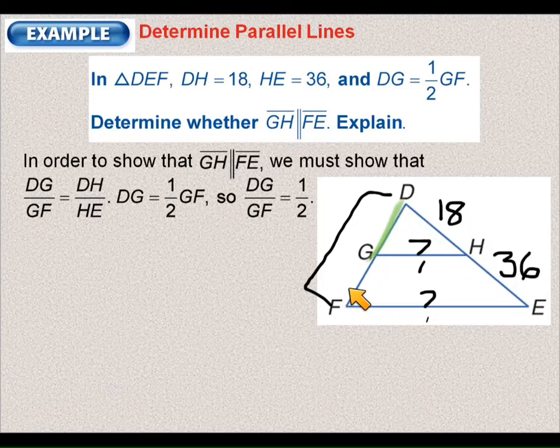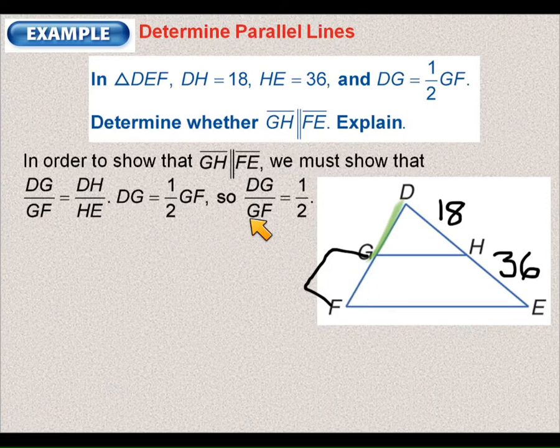Sorry, I have that line wrong. Why is the middle one half of that? Oh, is that a question mark? Yeah, there's a question mark, sorry. Okay. So 18 is half of 36, right? And I know DG, whatever it is, is half of GF, whatever it is. I don't have to know what it is because I know 18 over 36 is half, and DG is half of GF.